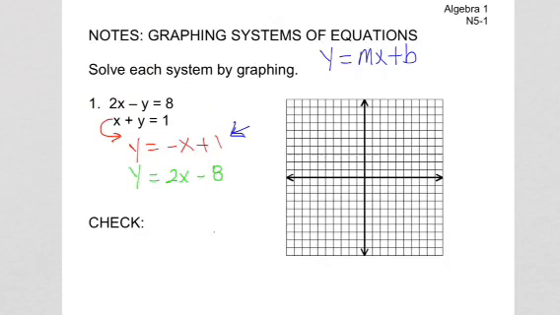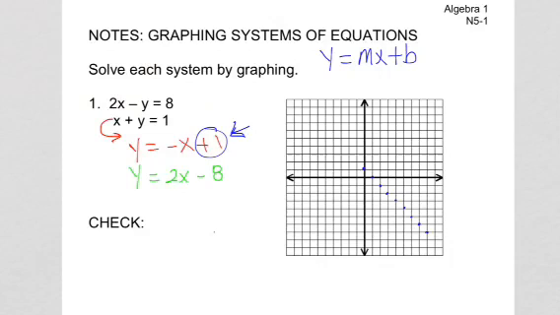We know that this is our y-intercept, so our y-intercept is at positive 1. We have a negative x, so it's down 1, right 1. And so we continue that pattern of down 1, right 1. And notice I'm just putting the dots here.